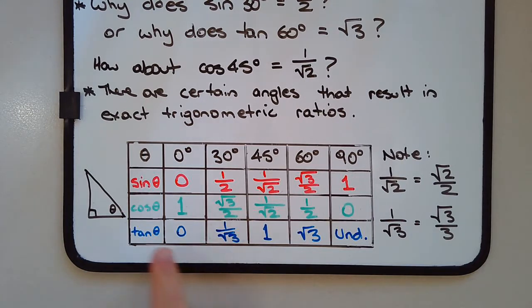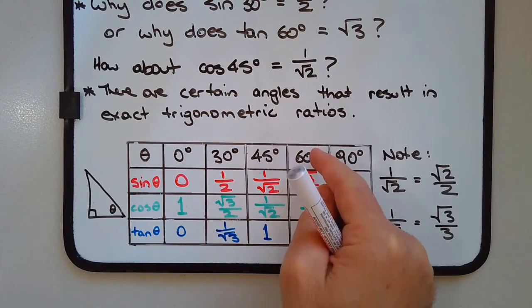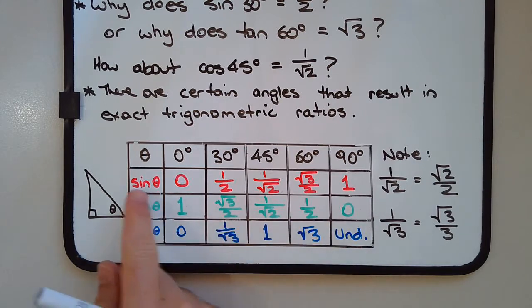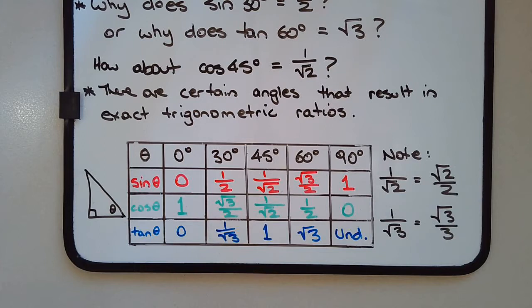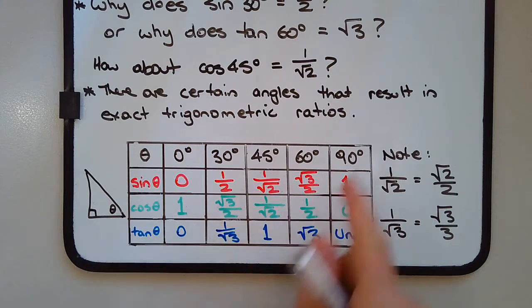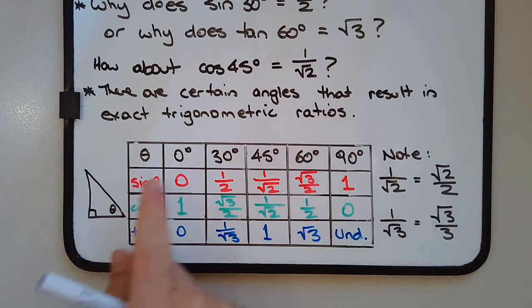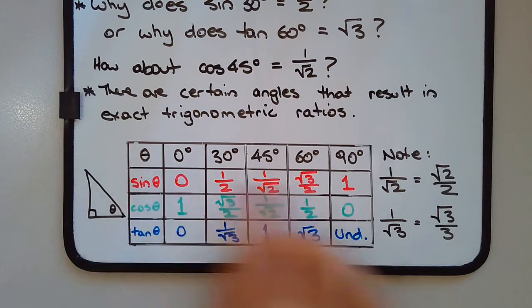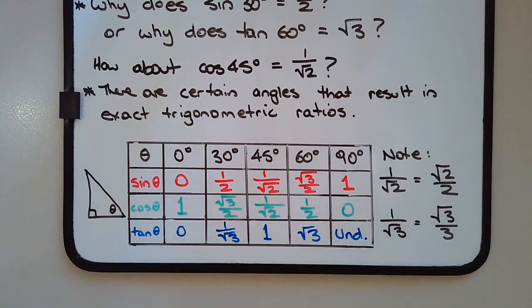So in other words, cos of 30 degrees is exactly the same as sine of 60 degrees, root 3 on 2. Okay, cos of 60 degrees is the same as sine of 30 degrees. Cos of 90 degrees is the same as sine of 0 degrees. So cosine basically is just sine, but back to front, purely because of its complementary relationship with sine.